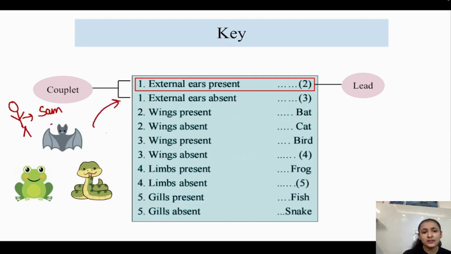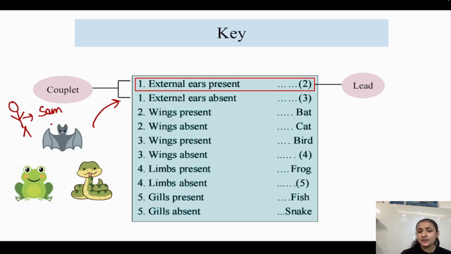Okay, now if Sam wants to identify what is the name of this organism, he is referring to a key. Okay, now let us leave this experiment aside for a moment and understand the structure of a key first. So you would observe a common pattern in this key, that numbers are repeating. Okay, because there are 2 sets of contrasting statements that are present. Okay, number 1 statement is external ears are present.